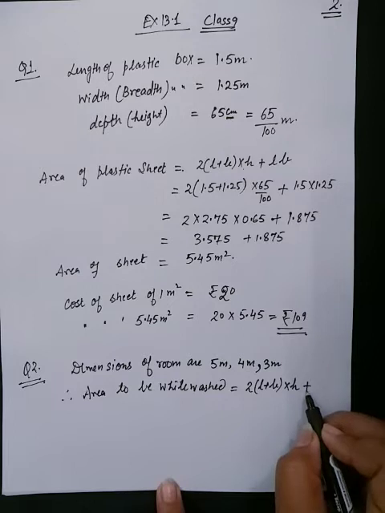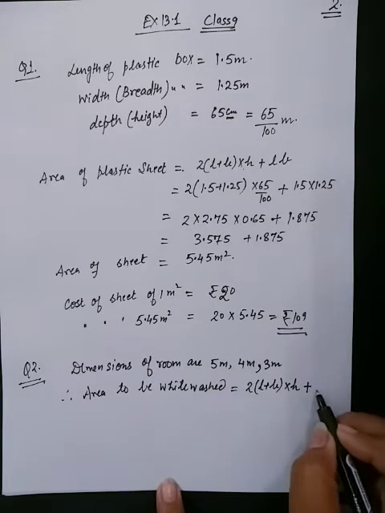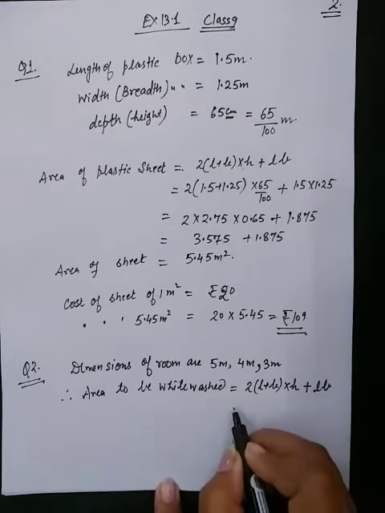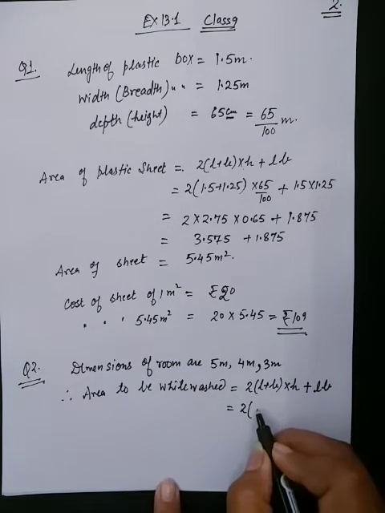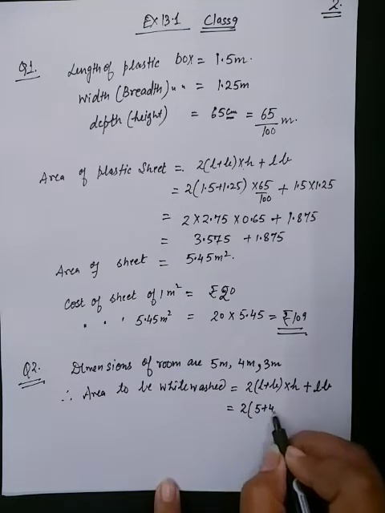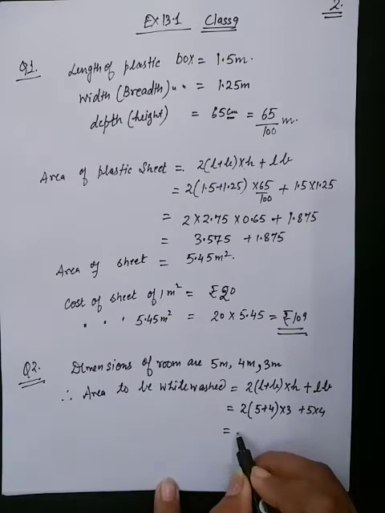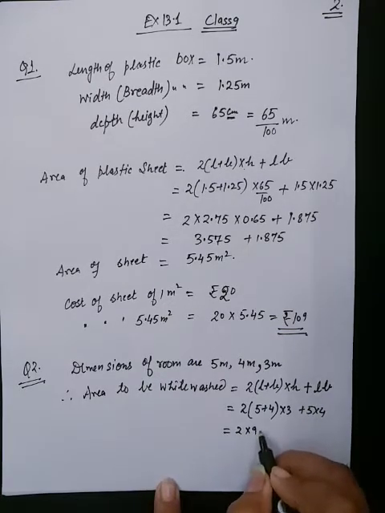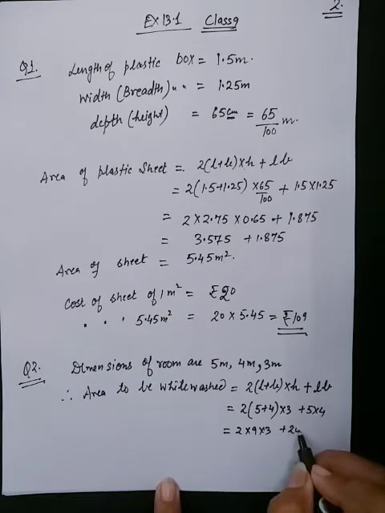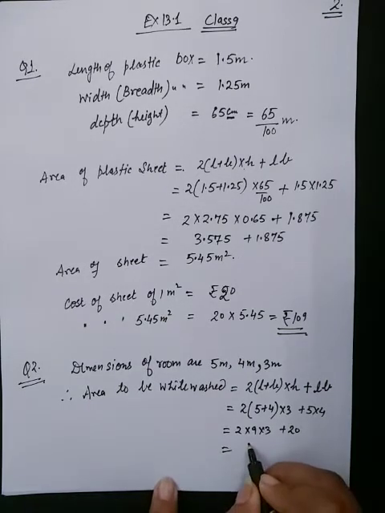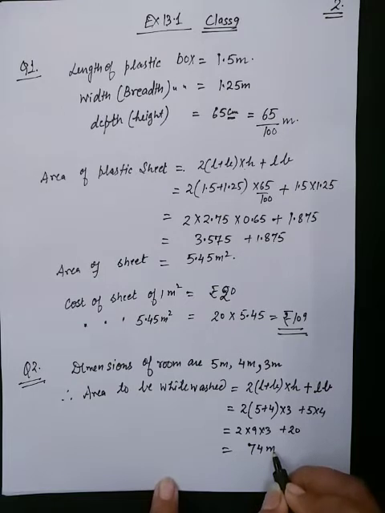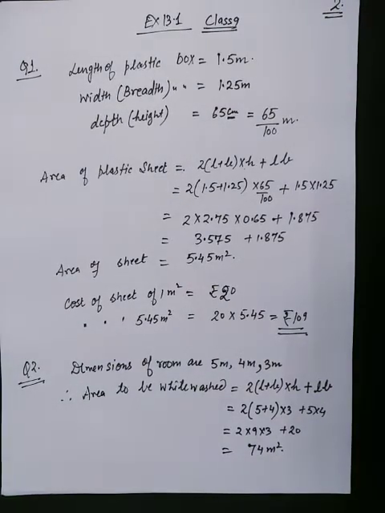But हमें ceiling को भी white wash करना है, तो we have to add L into B. Now by putting the values and solving it, we will get area as 74 meter square. So this is the area.